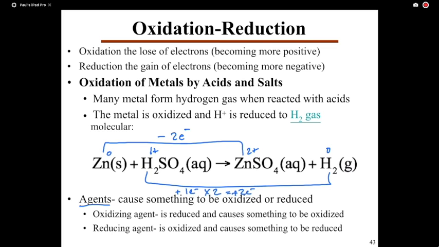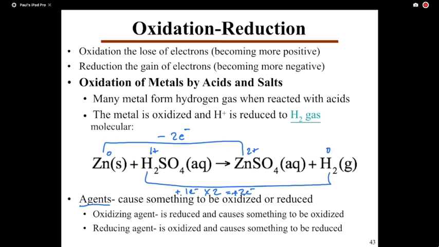Something else is called an agent. An oxidizing agent is reduced and causes something to be oxidized. So zinc is the item that is reduced and is the oxidizing agent. No, is that true?